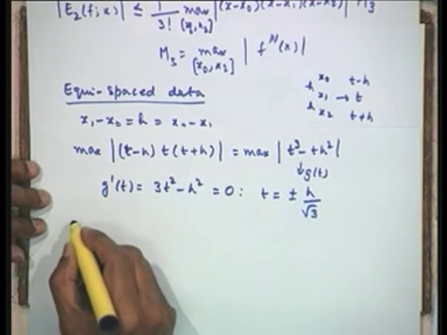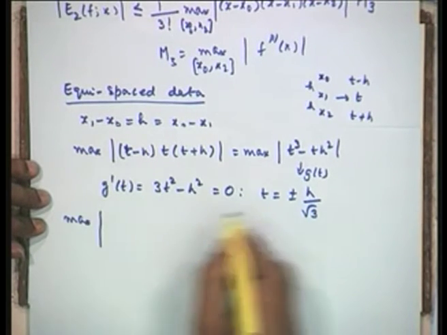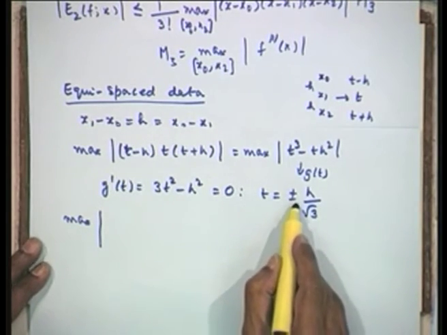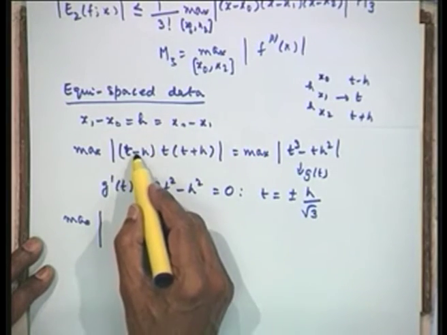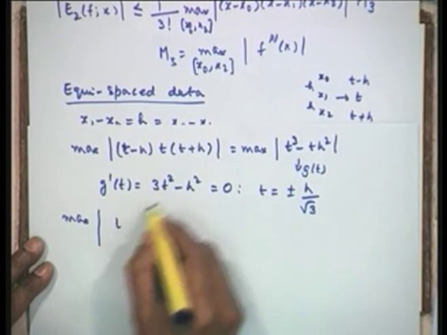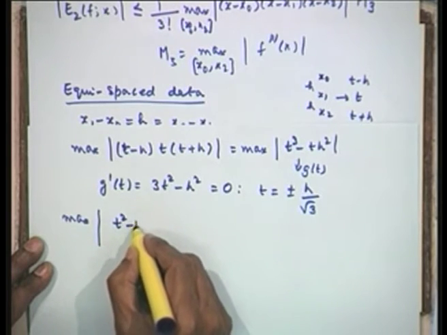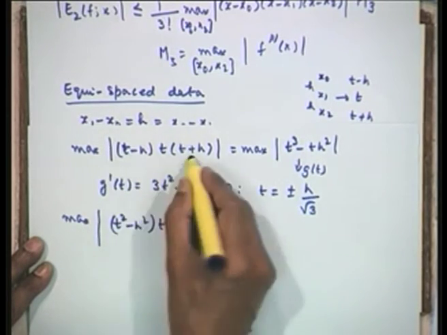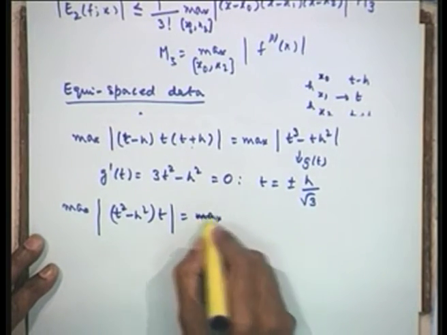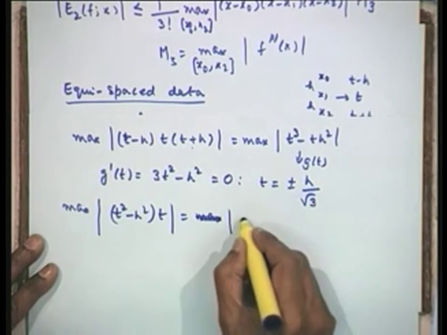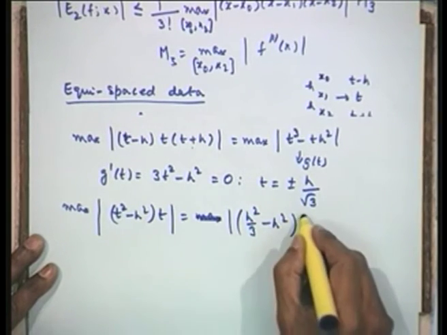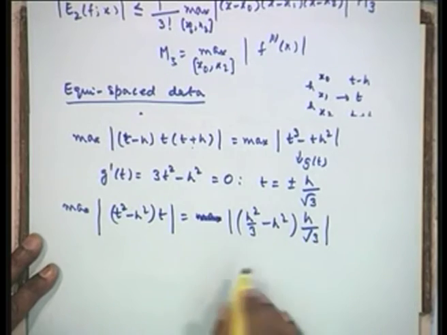Because of the symmetry, whether I take plus or minus h, both give the same magnitude of value. So the maximum of t squared minus h squared, into t, will be the magnitude of h squared by 3 minus h squared, into t, that is h upon root 3.